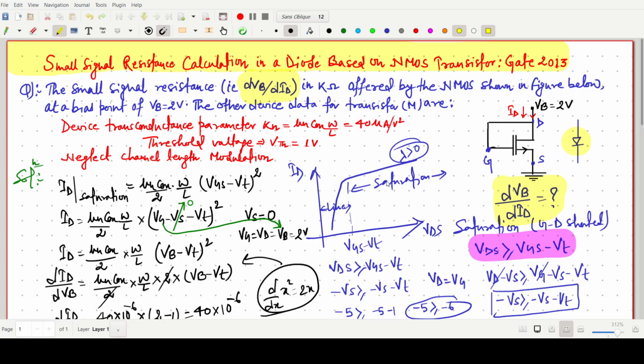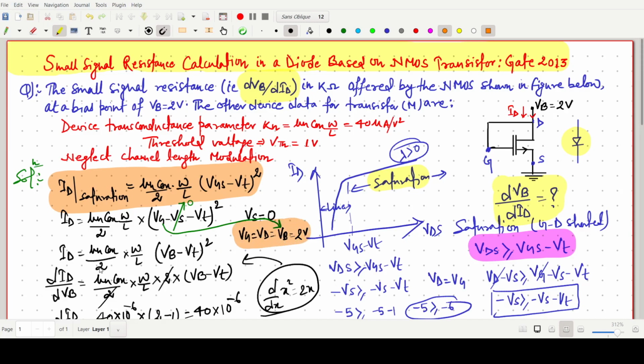So it is in the saturation region. Then we simply write the equation for the saturation region, the drain current saturation equation. That you have to remember. It is very easy for electronics. So after that, we have to differentiate this one del ID by del VB by keeping VG equal to VB because VG is nothing but simply VB.